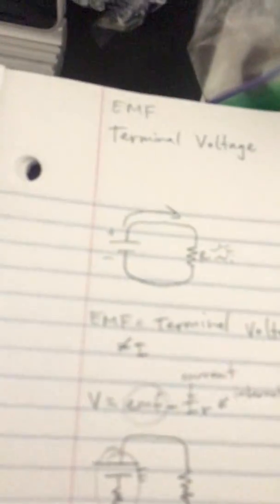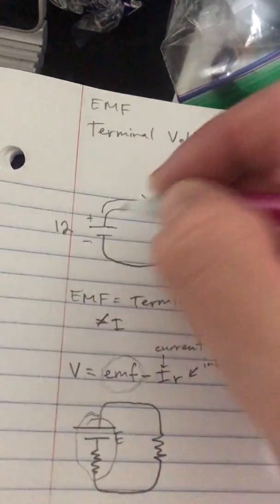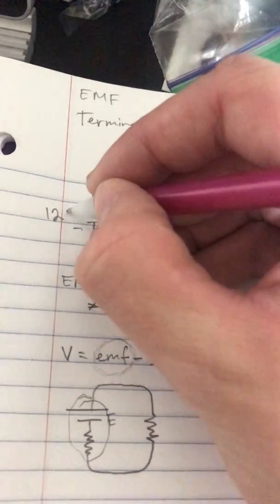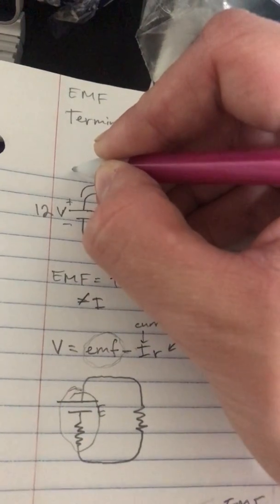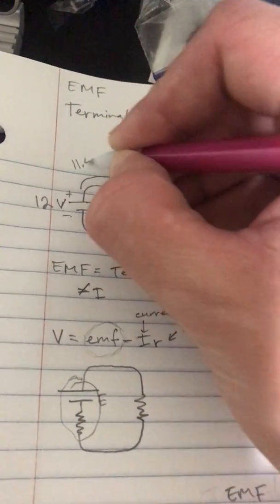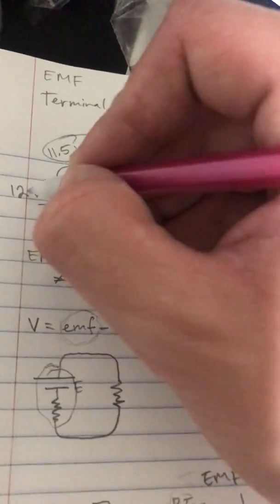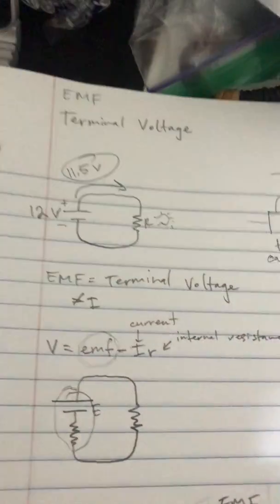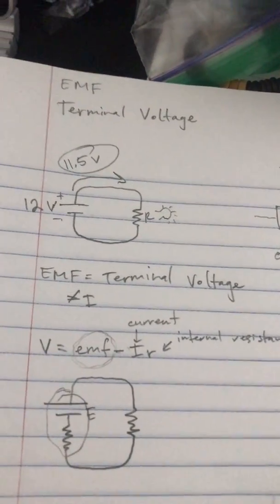So although you may have an EMF or a theoretical yield of 12 volts, what may be flowing through here may be a little bit less than 12 volts, so it might be something like 11.5 volts. And the 11.5 volts is going to be your terminal voltage, and your 12 volts is going to be your EMF. So overall, you only get 11.5 volts that are actually flowing through the system.